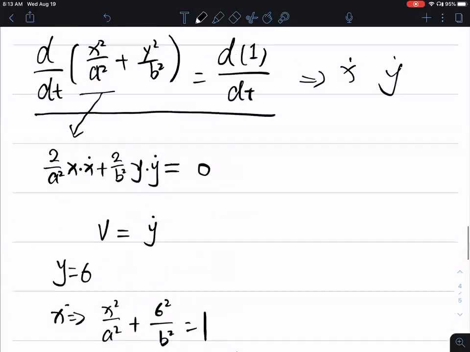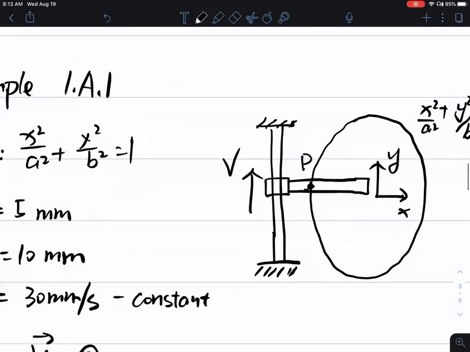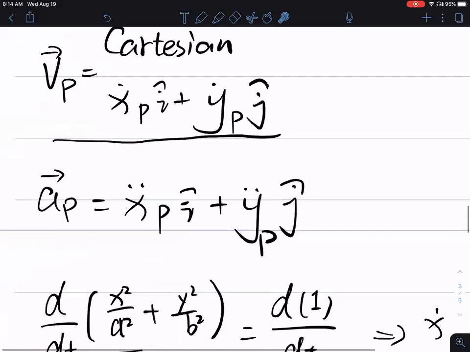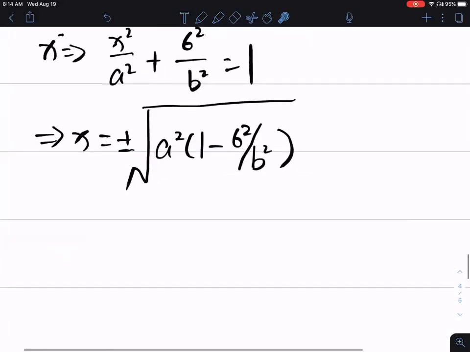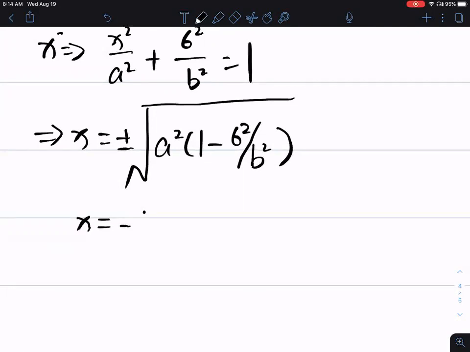If we go back to the figure here, particle P only moves on the left-hand side of the coordinate system. So the coordinates for P in the x direction should always be negative. That's why here for x, we're going to take the negative value. If you plug in all the numbers, you realize x equals negative 4 millimeters.